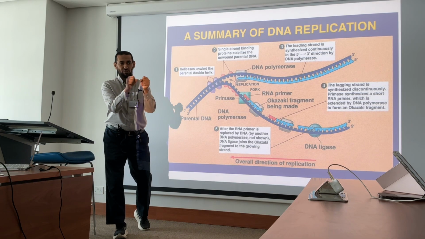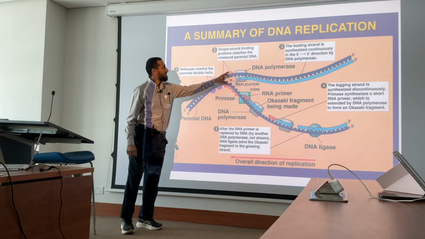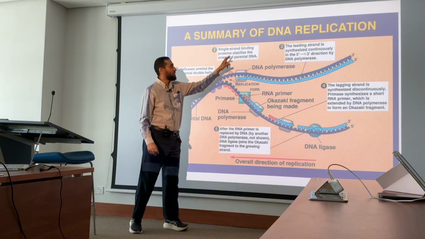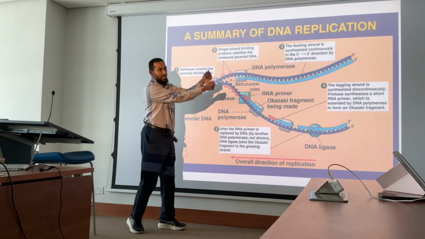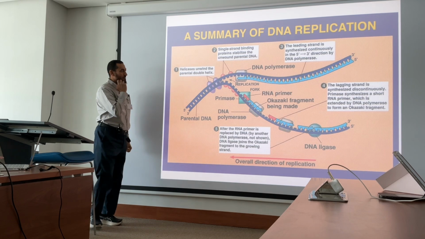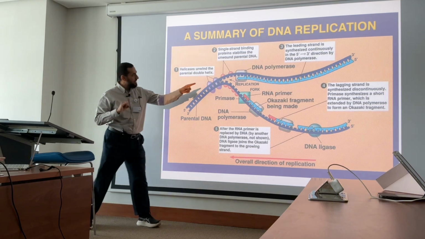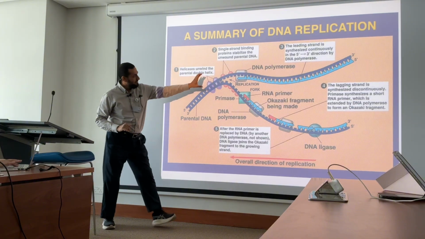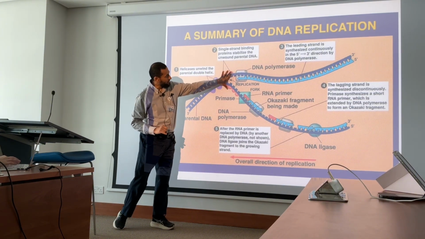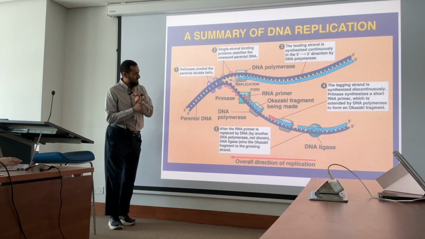So you need something to stabilize them, which is single strand binding protein, which will come here and stabilize these two, not to reanneal. This is the first step. So helicase enzyme unwinds, SSP stabilizes, is the first step.